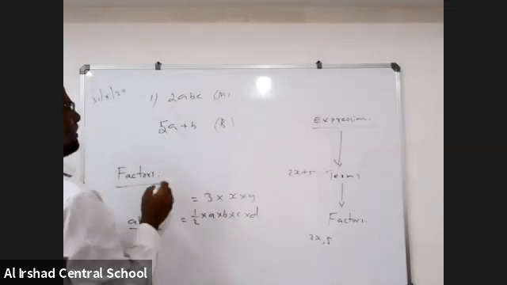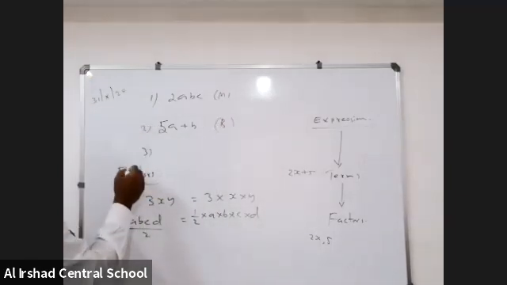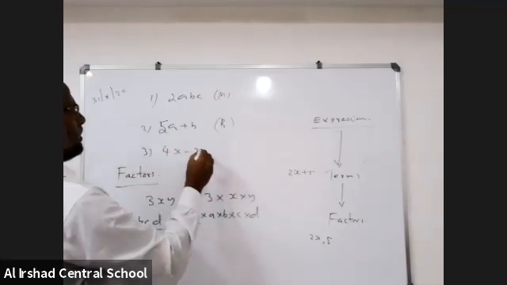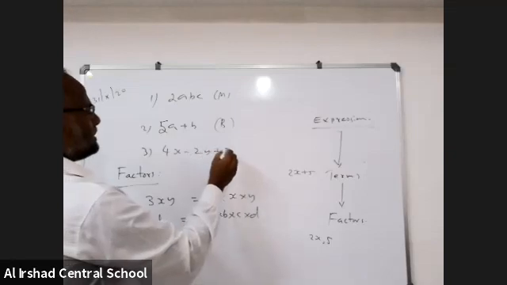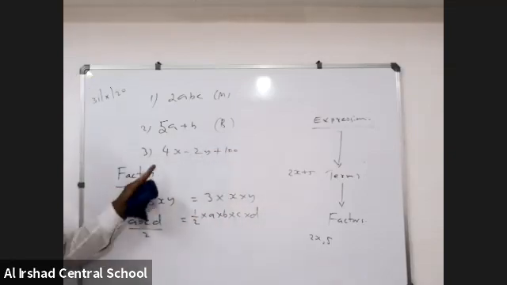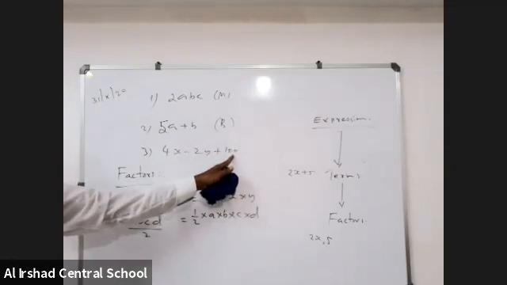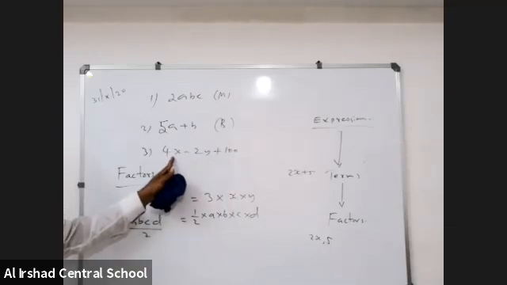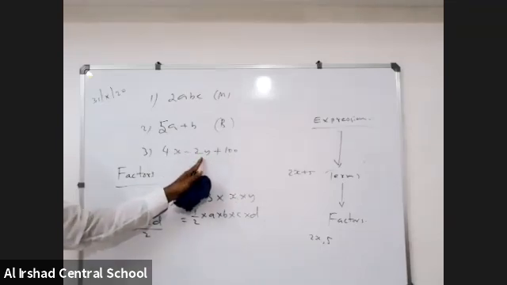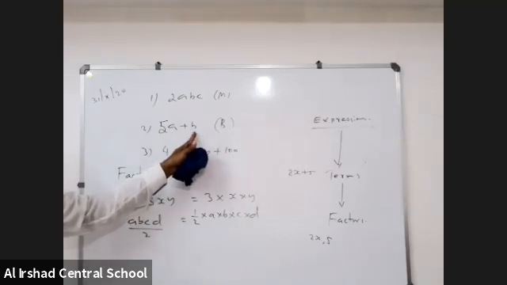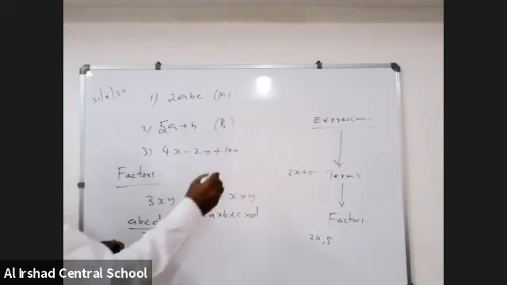And third one, you can say 4x minus 2y plus 100. That is a trinomial. 1, 2, 3. 3 terms are the triangle, trinomial. 4x is one term, minus 2y second term, 100 is the third term. Here 5y is one term, b is the second term. That means binomial, this is trinomial.